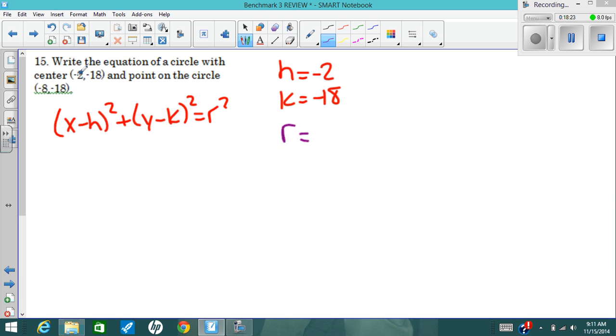And we can find R by finding the distance between the center and this point, negative 8, negative 18, that's on the circle. So I'm going to have to do some distance formula.